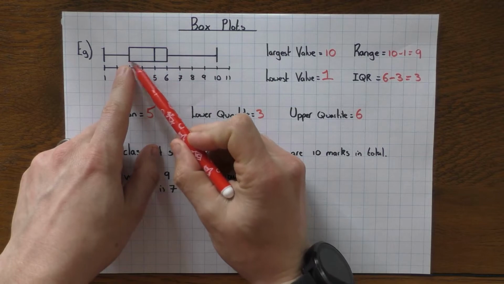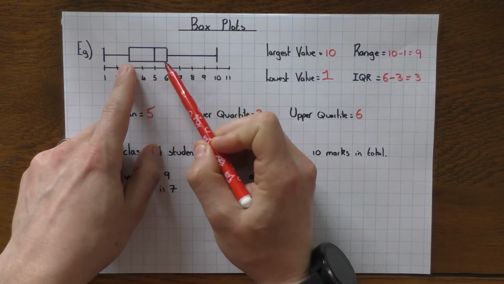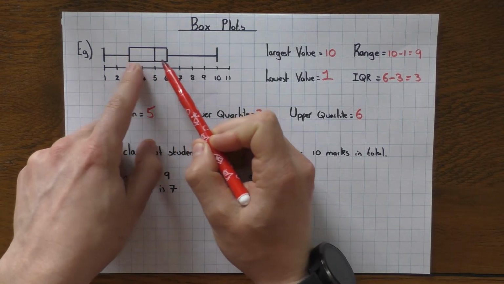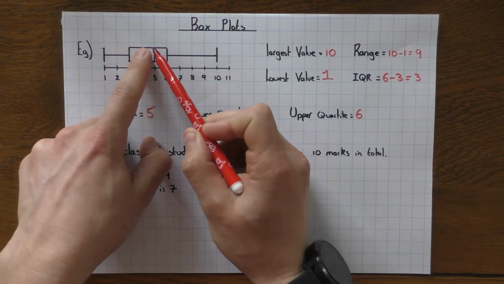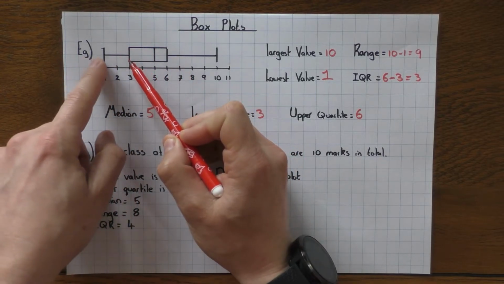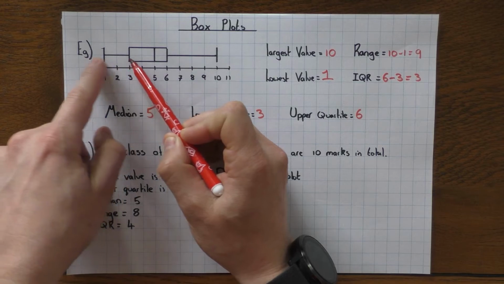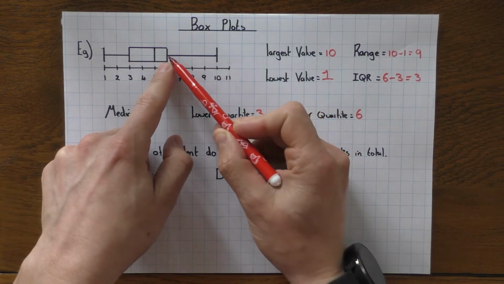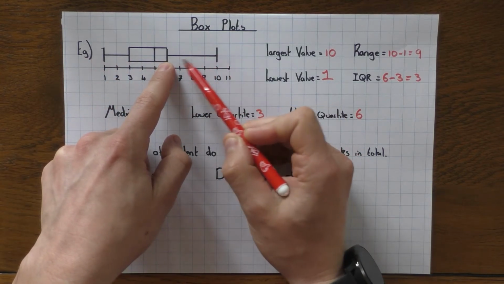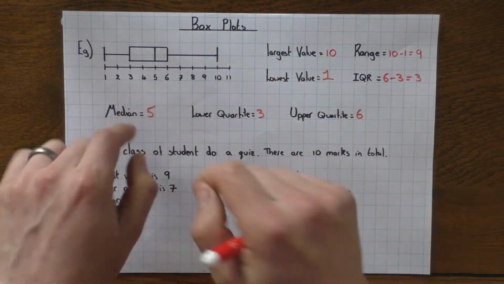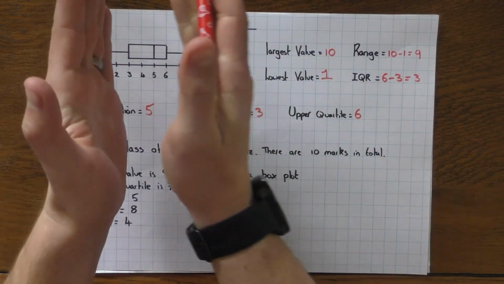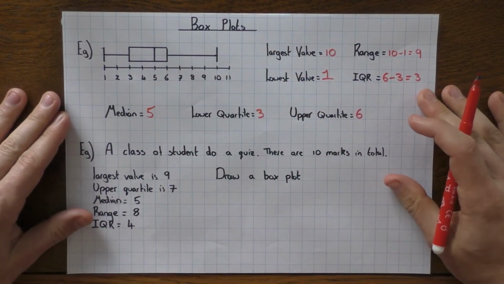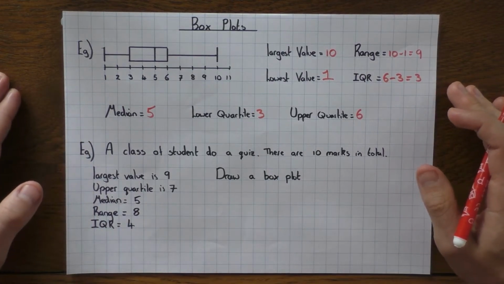So the interquartile range represents 50% of all the data that you're given. From the lower quartile to the lowest value represents 25%, and from the upper quartile to the highest point represents 25%. So essentially you've got the two 25%, and the interquartile range represents 50% of the data.